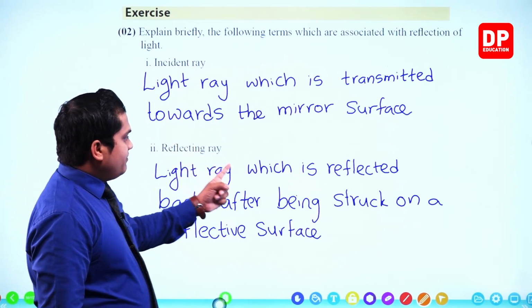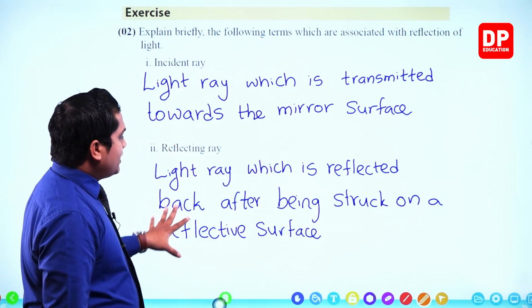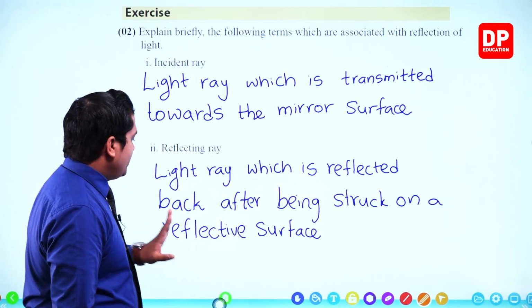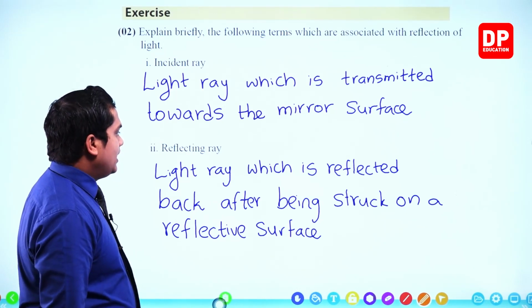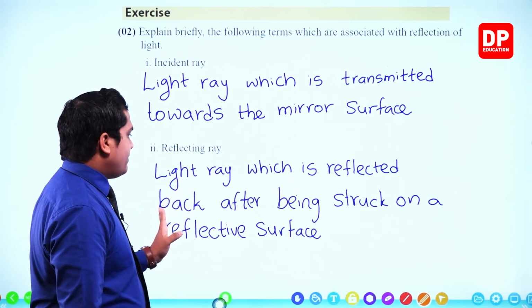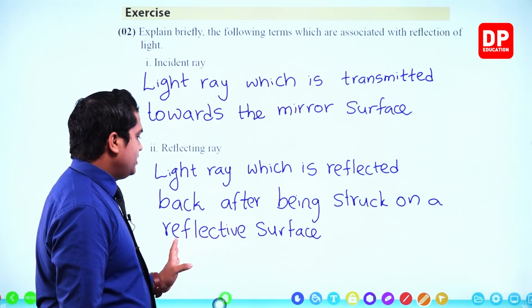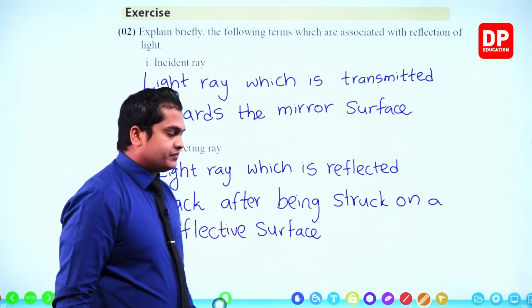So light ray which is reflected back after being struck on a reflective surface is the reflecting ray. Okay. The light ray which is reflected back after being struck on a reflective surface.